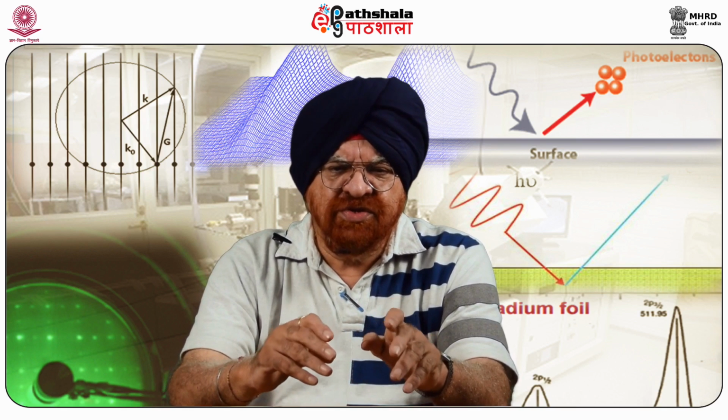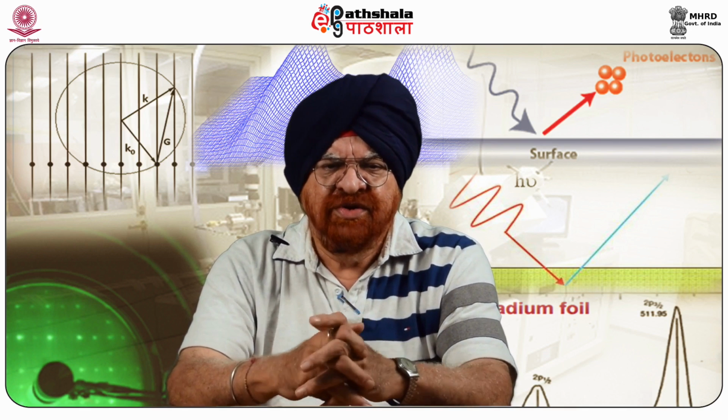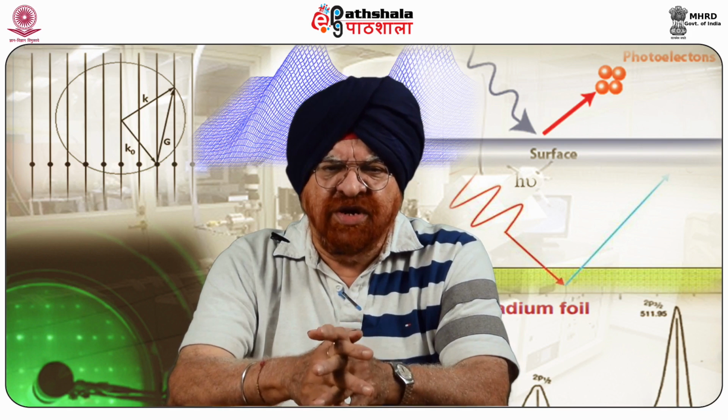ESCA is a surface analysis technique based on the photoelectric effect that uses an X-ray beam to eject electrons from a surface, and that's the principle used in all analysis here. When an atom or a molecule is subjected to high energy radiation, photons in the radiation collide with electrons in the sample, as a result of which electrons are ejected out.